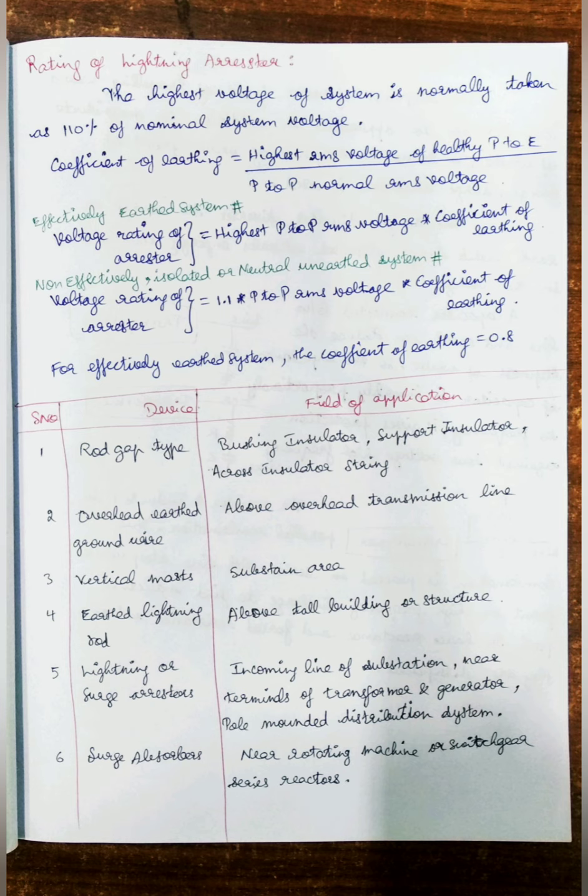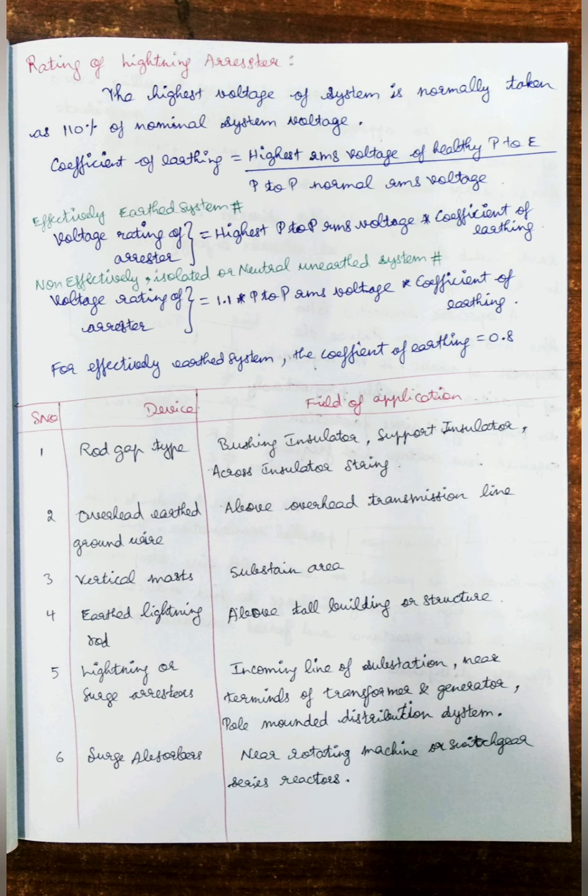Next, vertical masts in a substation; commonly substations will be using this vertical type. Next, earthed lightning rods in tall buildings, or normally in IT buildings, or even in our home itself, this kind of lightning rod will be used.